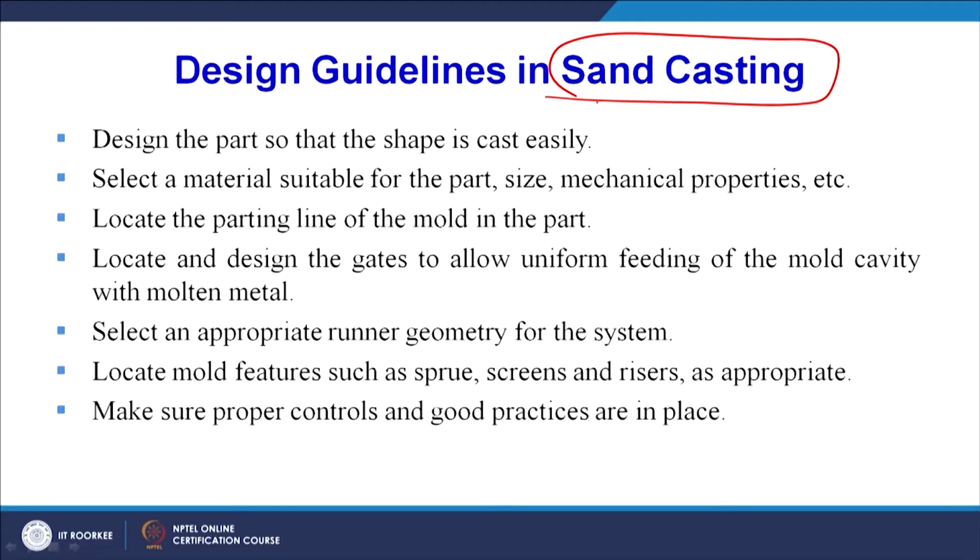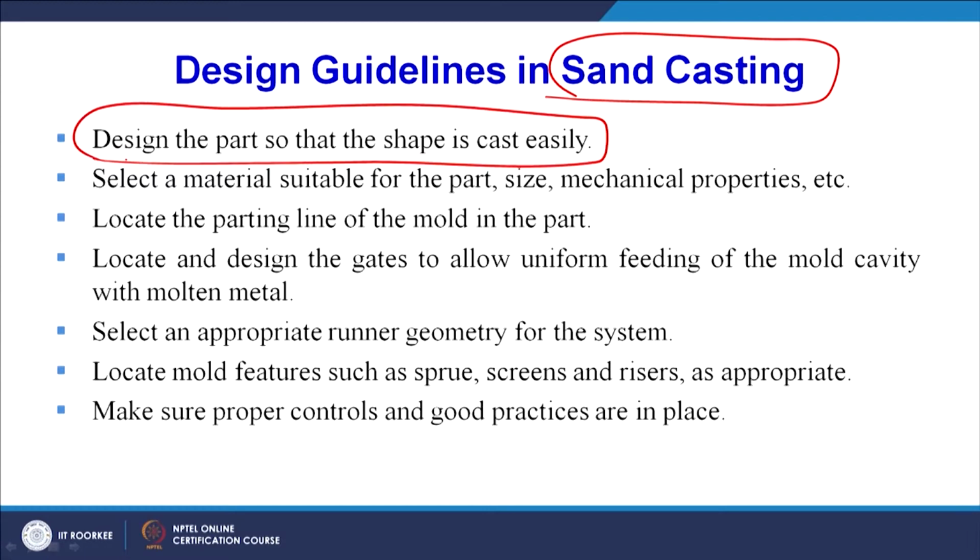So, we can see the very first point is important for our course, that is, design the part. The part can be our product. So, design the product so that the shape is cast easily. Then select a material suitable for the part, the size of the part and the mechanical properties.